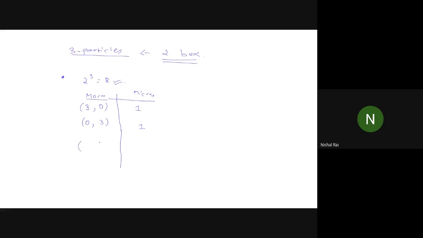And what about this third one? 1 particle could be here and 2 particles could be here. Now for this it will be slightly different. I will tell you why.